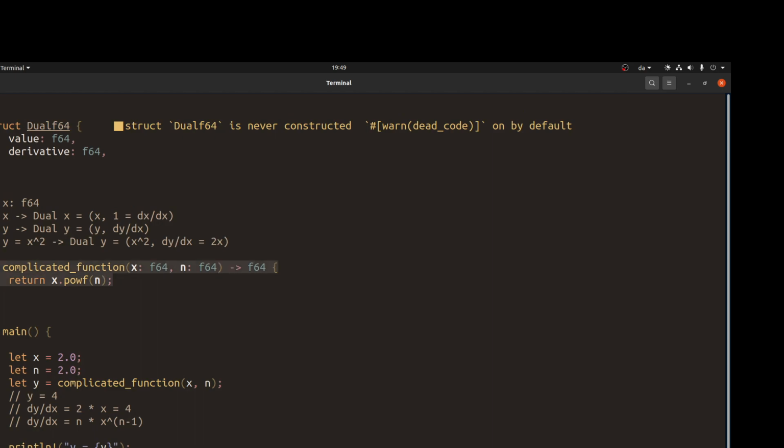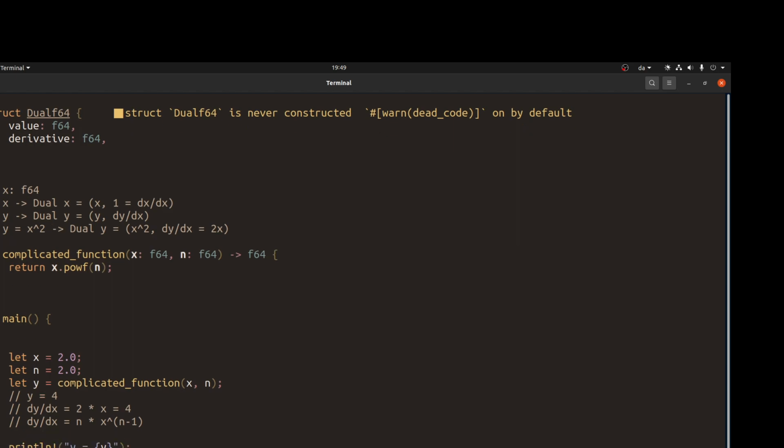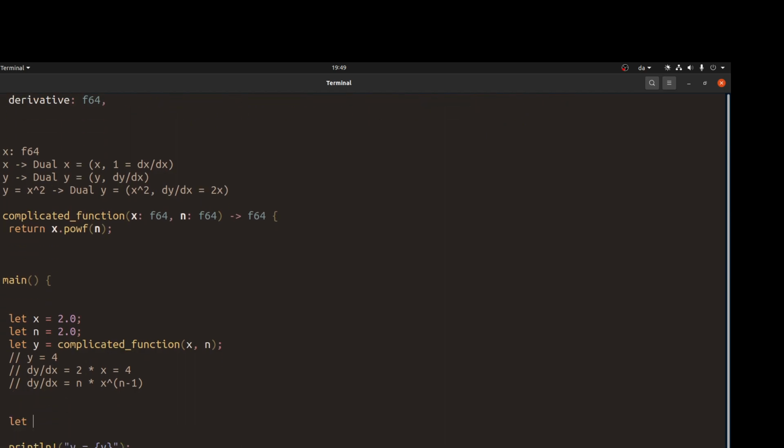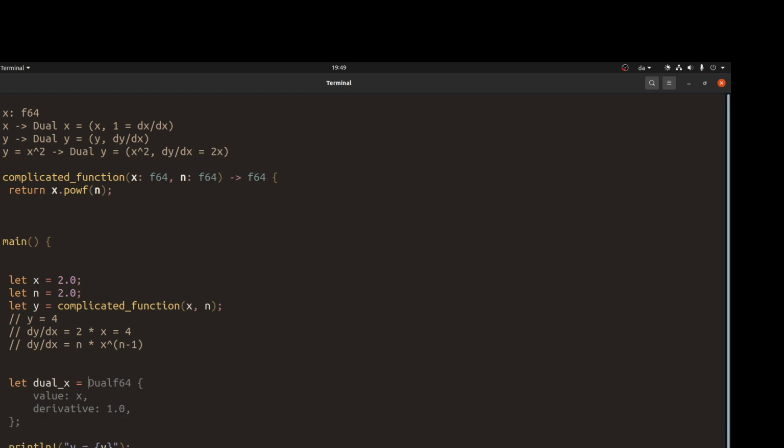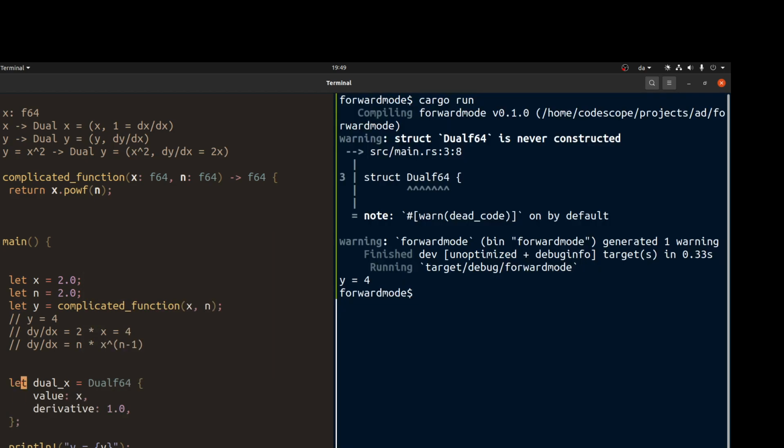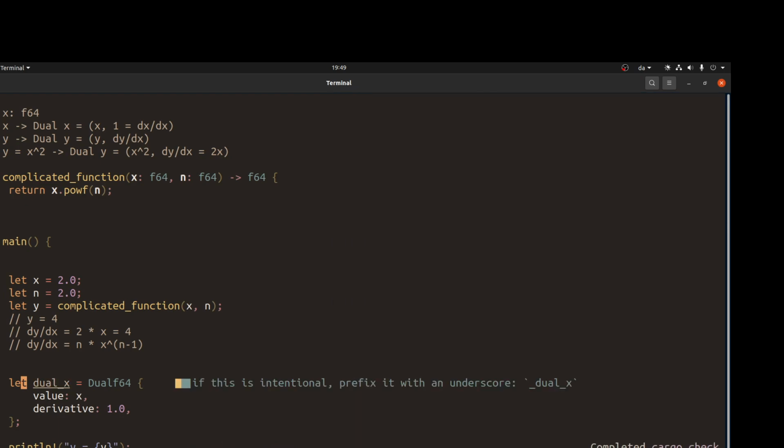Now the problem is, let's say we had this dual number working and whatever, so we could say down here, dual x is equal to this thing that we talked about before. It's equal to the value and then the derivative with respect to x, which the derivative of x with respect to x is just 1.